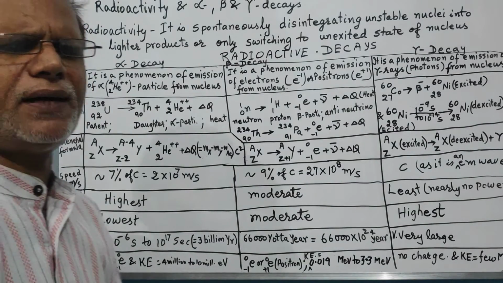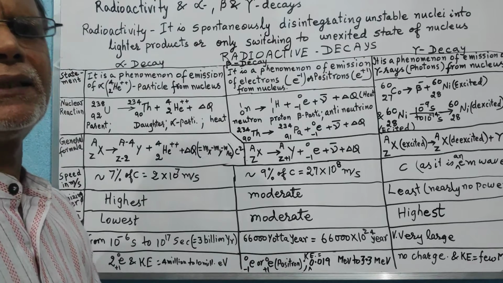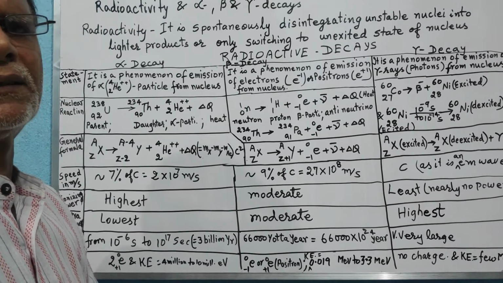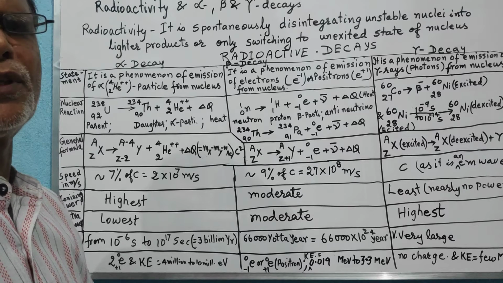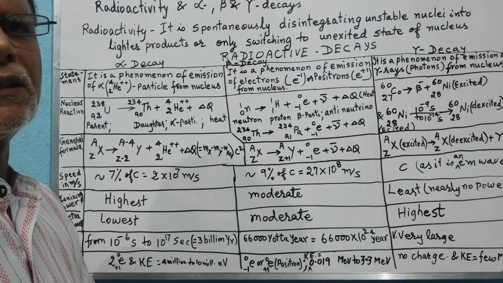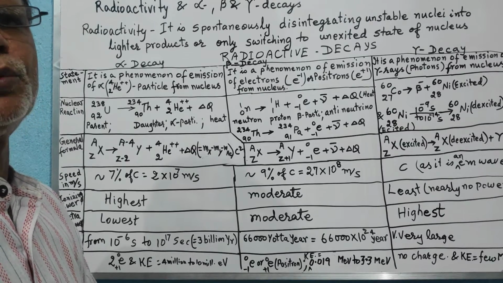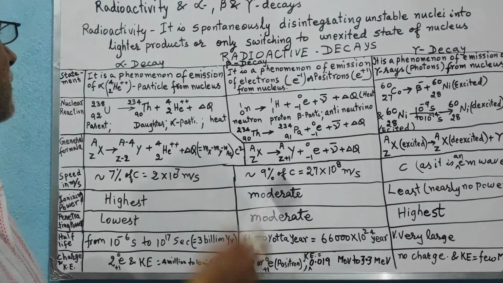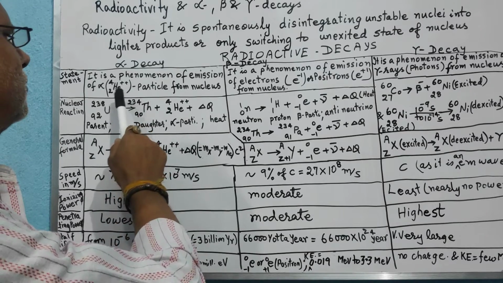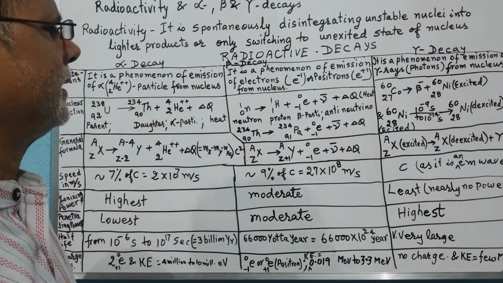Well, what is alpha decay? In alpha decay, a doubly ionized helium particle, meaning 4 units of mass having 2 positive charges, helium having no electron, is radiated. That is called an alpha particle.